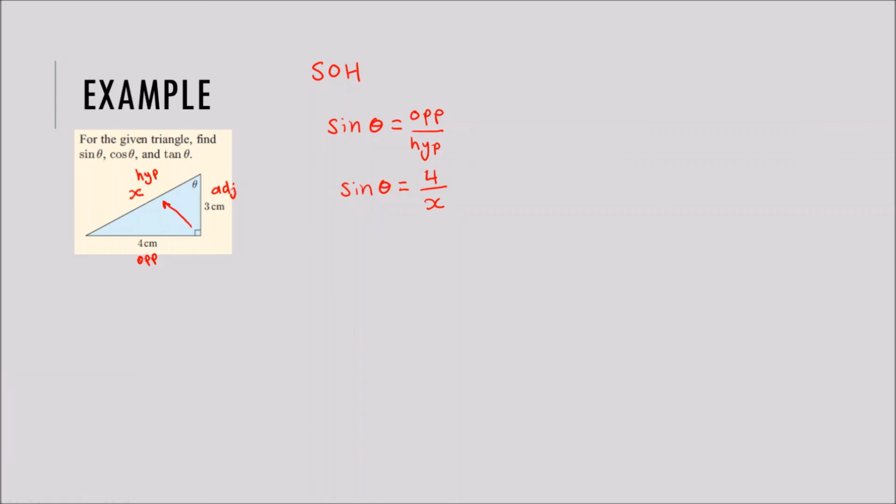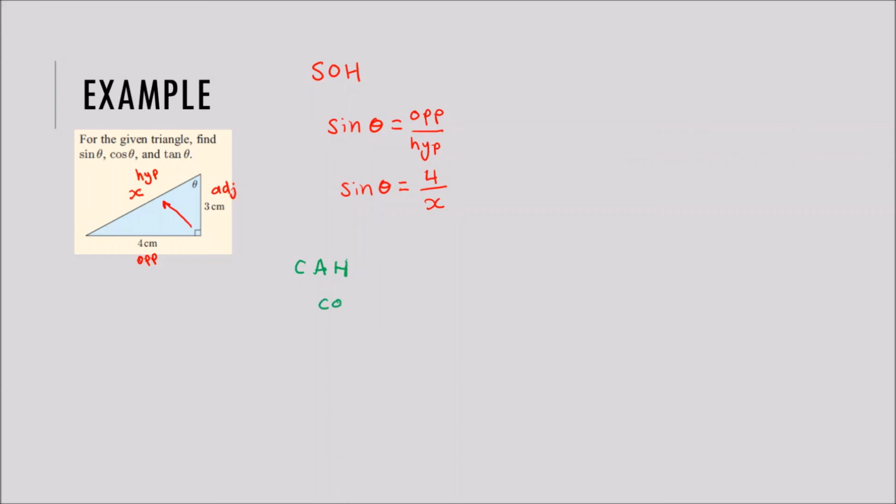Let's have a go at cos, and you're welcome to have a go at these yourself before I do them, so pause the video and have a go, or you can just continue on and watch me go through this example. The next one was cos. That was SOHCAHTOA, so CAH is where we had our cos. Again, like last time, we can write our trig ratios using this little shortcut.